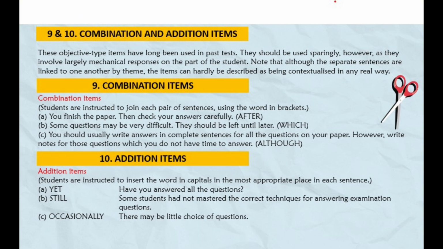We can see here the number 9 combination items. Here, the students are instructed to join each pair of sentences using the words in brackets. And for addition items, the last type of testing grammar and usage, the students are instructed to insert the word in capitals in the most appropriate place in each sentence.